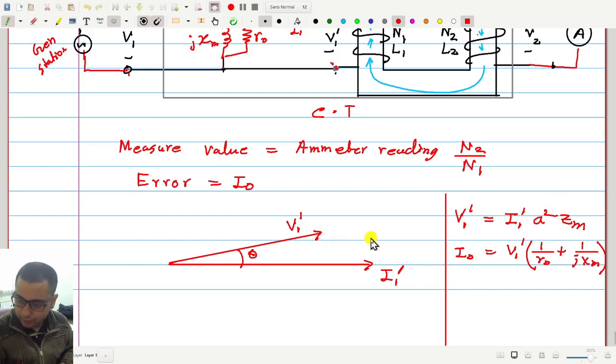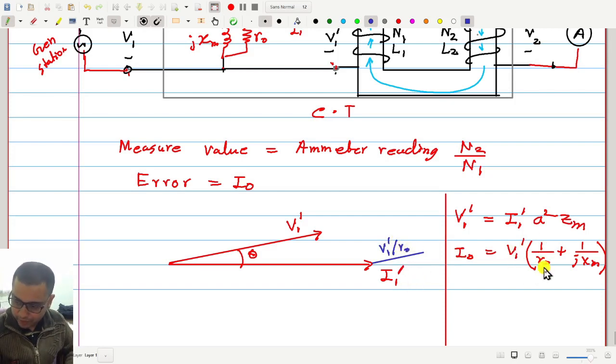Now V1 prime multiplied by 1 by R0 will be something like this. Let me draw it here, in the direction of V1 prime, V1 prime by R0.